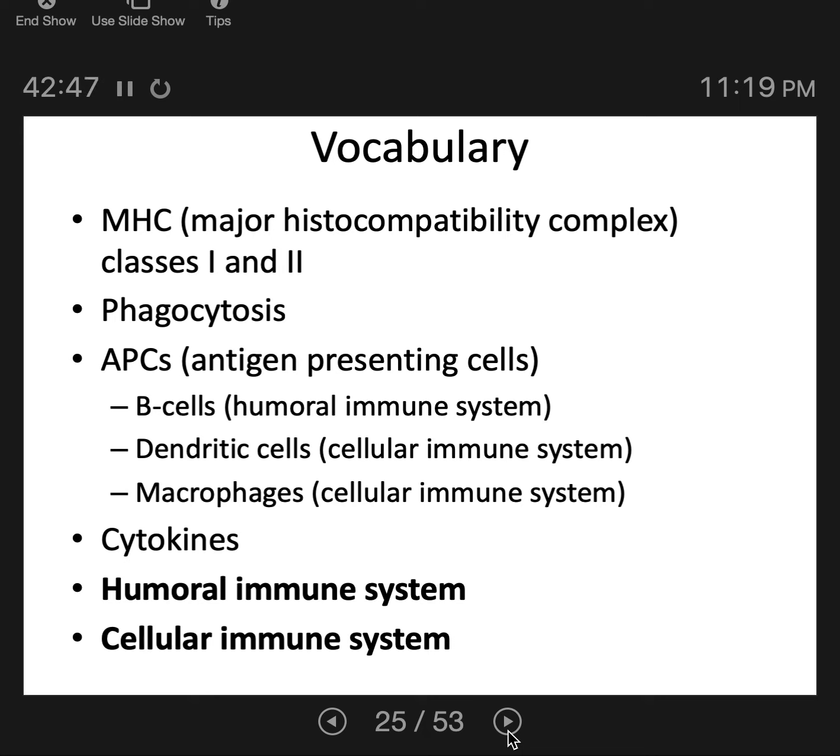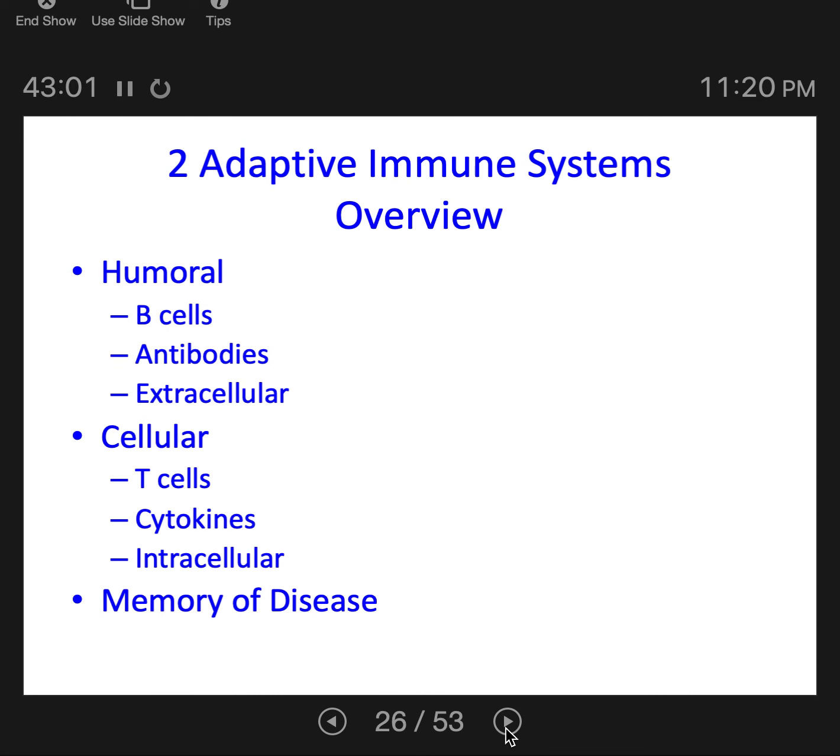And that's where the cellular immune system comes in. So the cellular immune system targets the pathogens that have entered your human cells, so they're hiding from your humoral immune system. So the cellular immune system can find them.